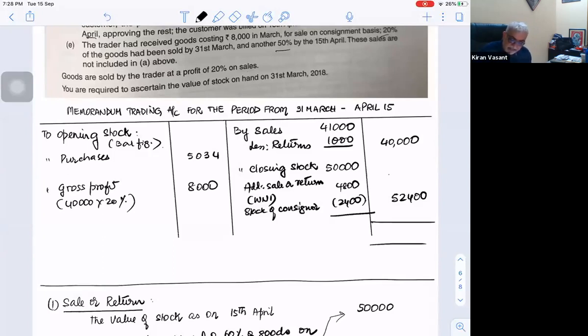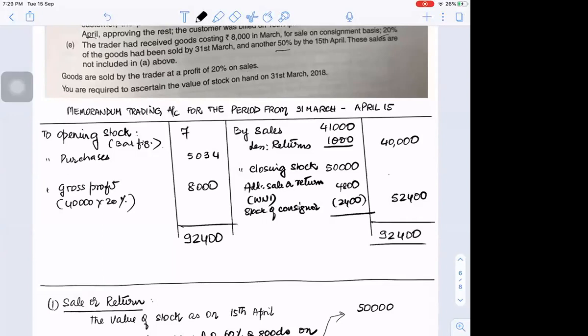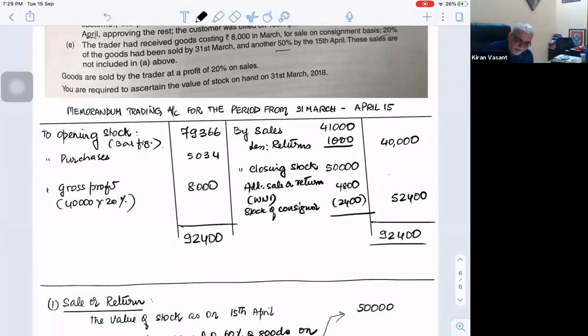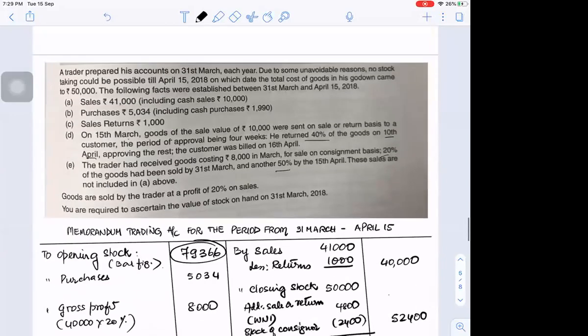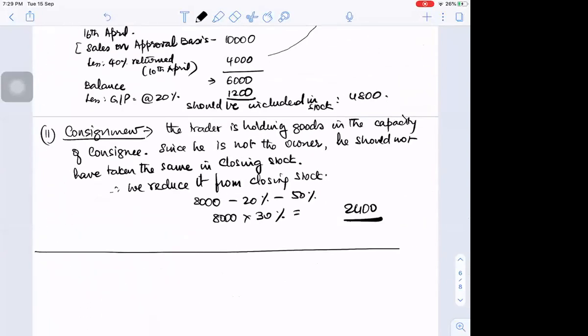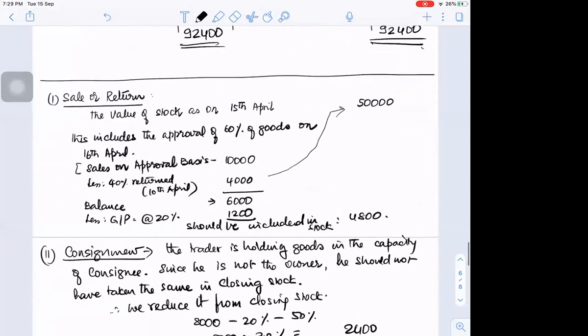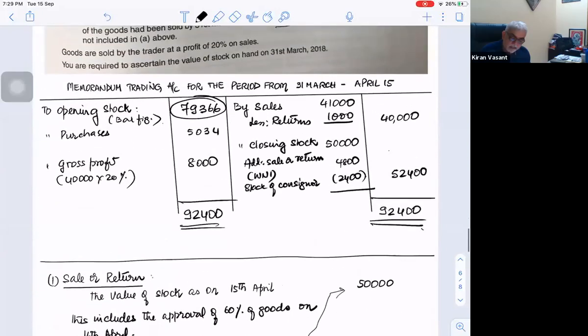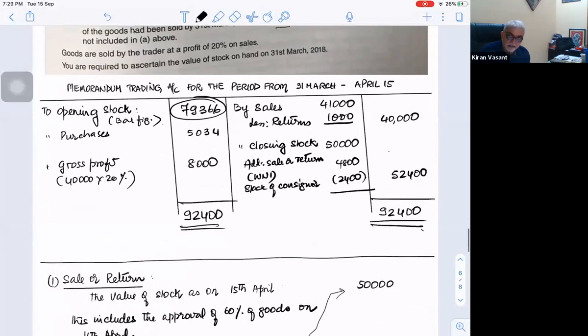So what is the balancing figure? Can somebody tell me the balance? 79,366. That's it. Will you please try this sum also by yourself? So where did we get the 40,000 from? Sales, less returns. Yeah, sorry, got it.